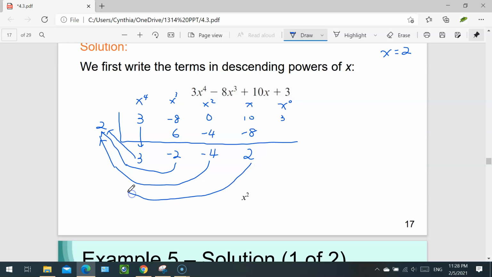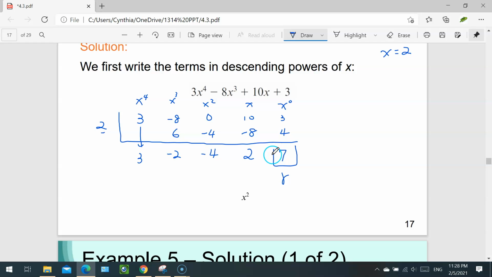Do that one more time. You multiply 2 with this outside 2, so 2 times 2 is 4. Now sum these two, you get a 7. This 7 is your remainder. The last number, if you have 0 here, that's perfect.